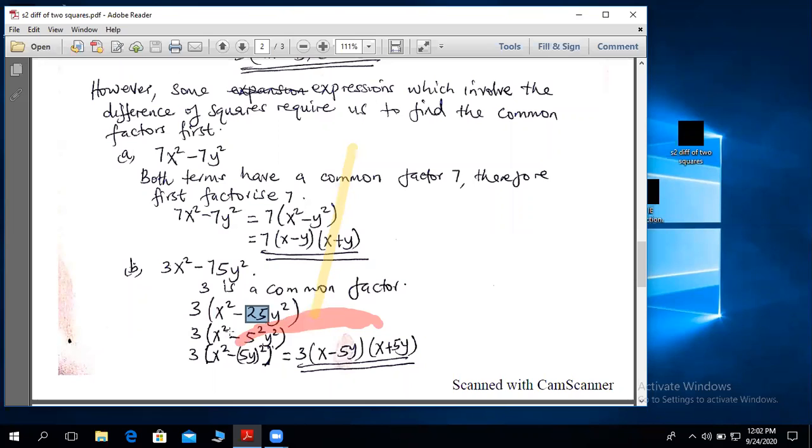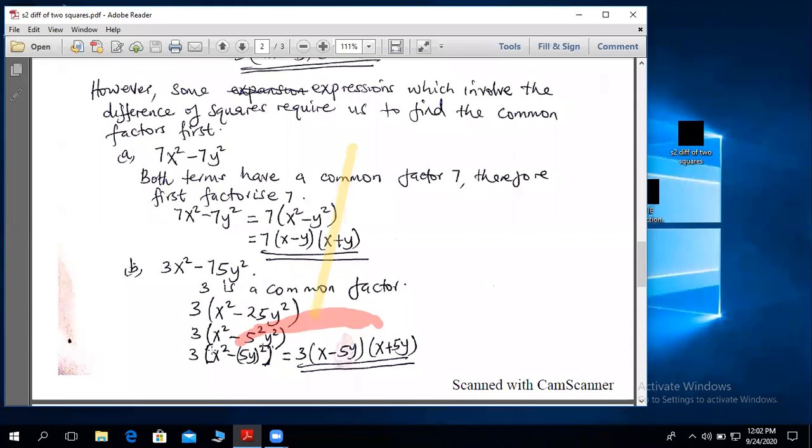So I will say this is x squared minus 5 squared y squared, which is, I can put 5y into bracket, and as you can see, so this one will be 3 times a difference of two squares here. And the squares are, the numbers which are squared are x and 5y.